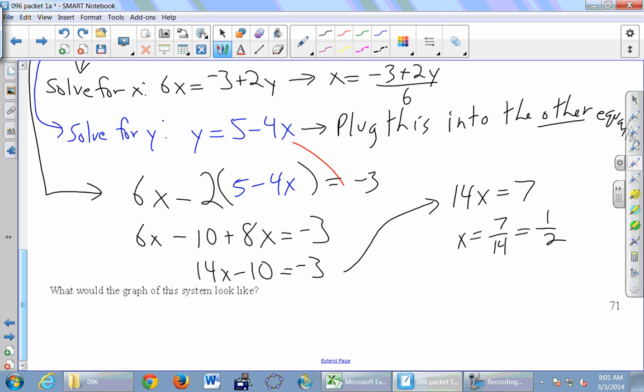Okay, so I'm going to copy this thing right here. Y equals 5 minus 4 instead of x. What are we putting instead of x? 1/2. And then we just need to crunch the numbers.